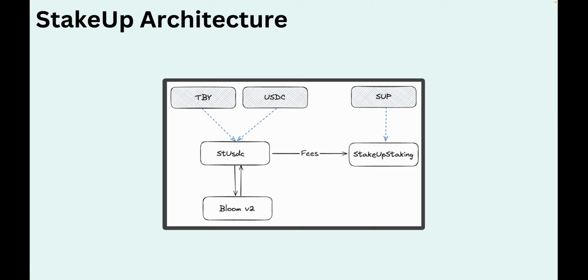STUSDC is an auto-compounding rebasing stable LST that takes in both USDC and TBYs as deposit assets. As the protocol generates yield, there's a 10% performance fee that gets sent to StakeUp staking in the form of STUSDC, where SUP stakers can claim 100% of the fees generated by the protocol.